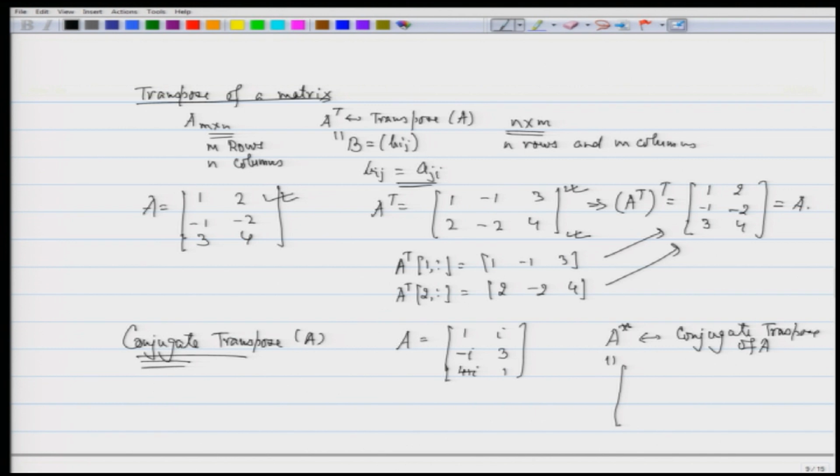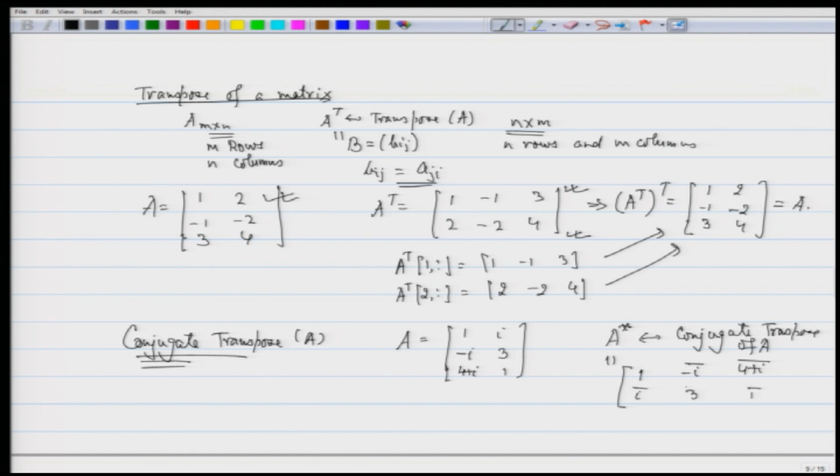also take the conjugate. So, 1, i is there, we will have to take the conjugate of that. Similarly, you have minus i, we have to take conjugate of that, 3, 4 plus i conjugate, 1.